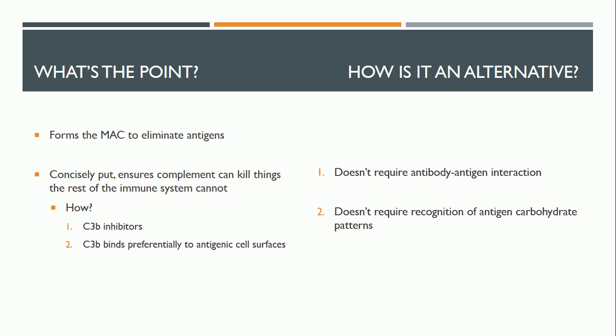So peptidoglycan is going to be around bacteria, and MBLs can recognize it, and they will go and attach, right? But the alternative system doesn't require that. It just requires that the C3 be able to bind. So C3b be able to bind. Okay? So let's go and take a look at what is actually happening with this alternative pathway.